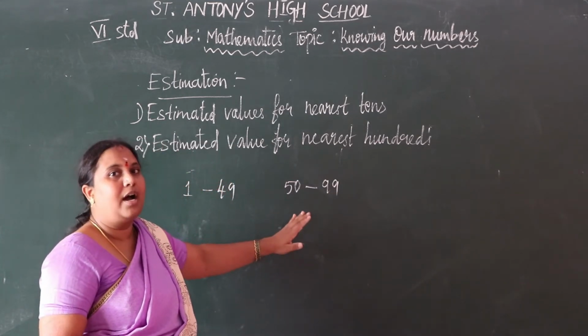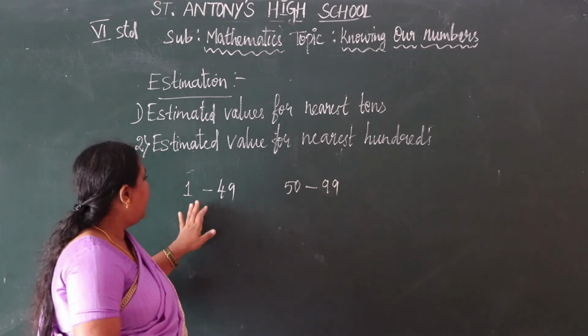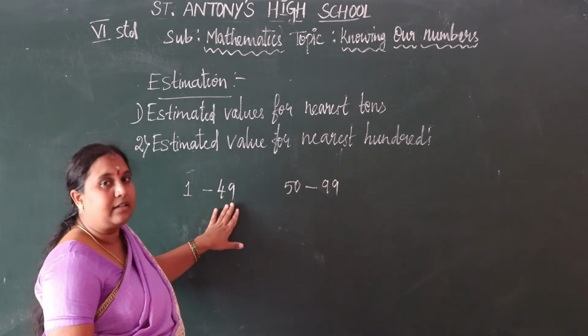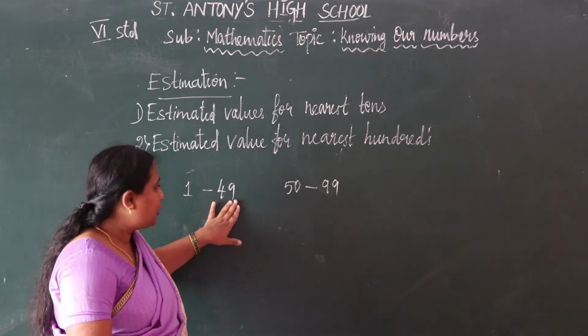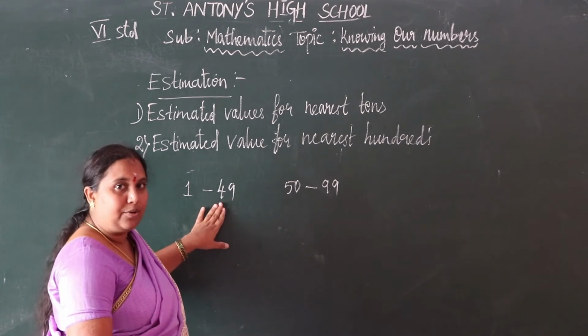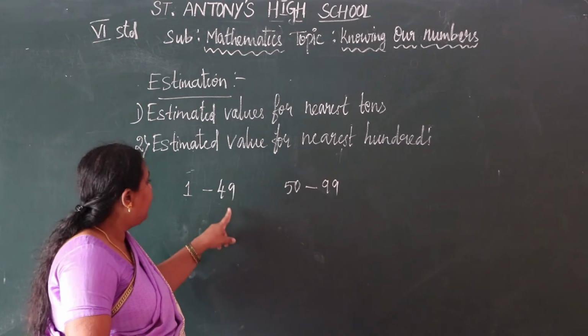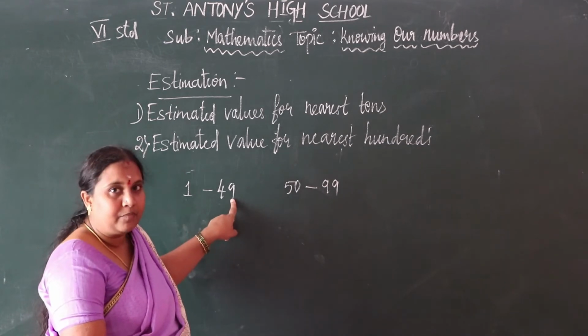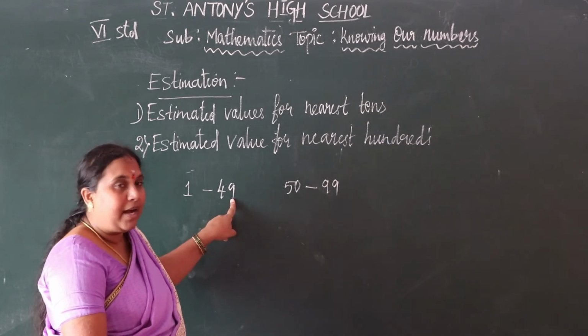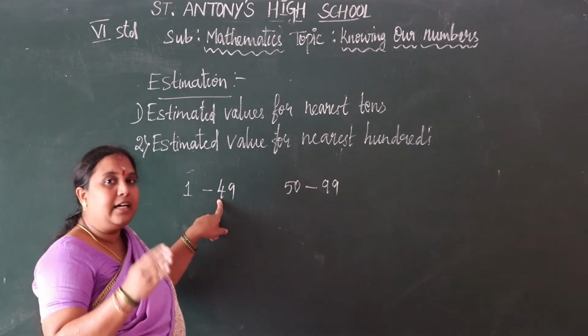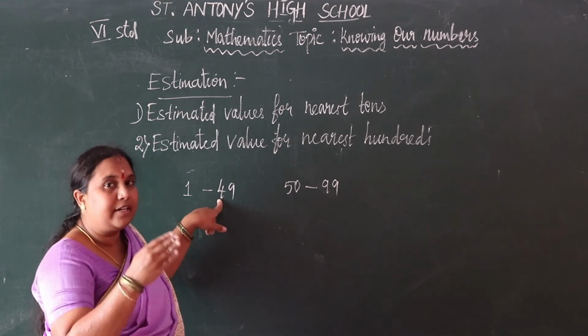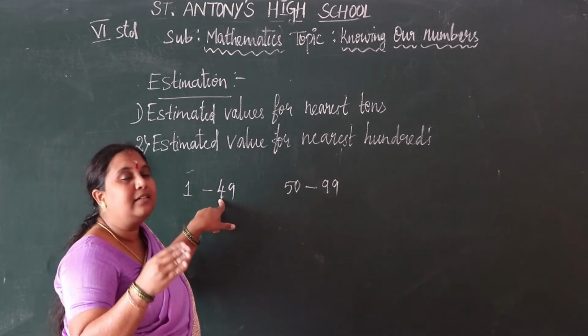Here also the same rule applies in units place and tens place. In units place we have 9 here, but since we are rounding it off to 100, we look at the tens place.